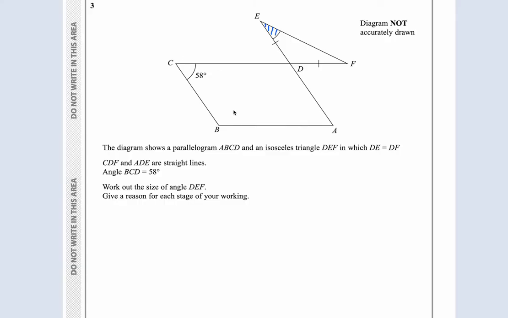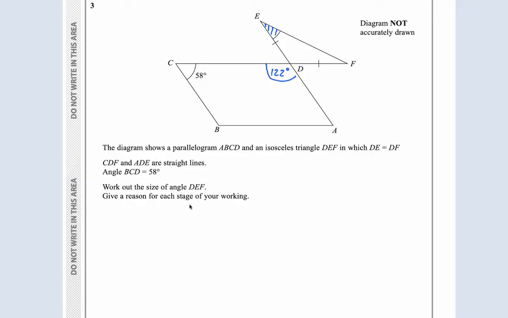Okay, if this is a parallelogram, guys, then opposite angles are equal, and these two angles add up to 180. So this angle here has to be 122, because 122 plus 58 is 180.